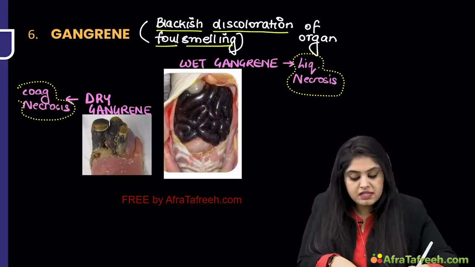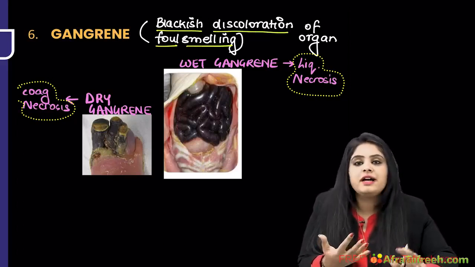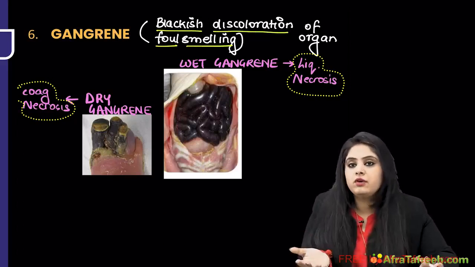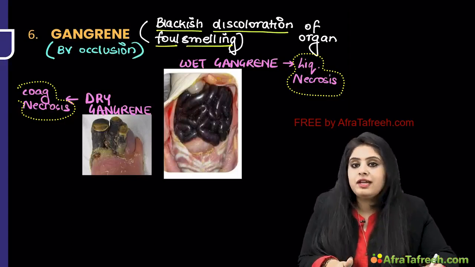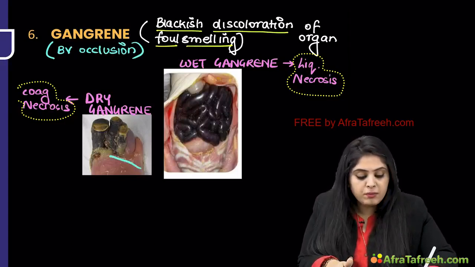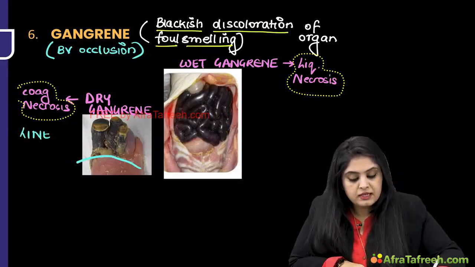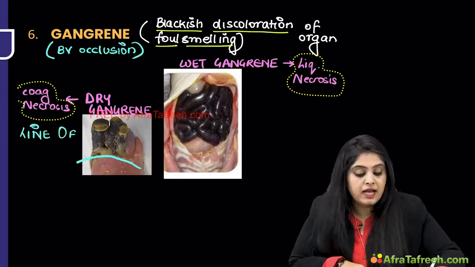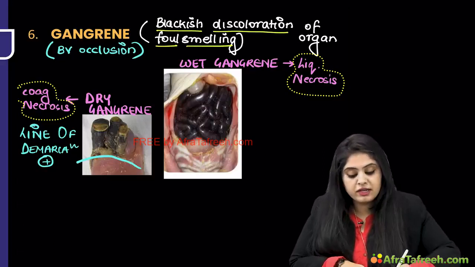Now, there's another thing. Please remember, if I look at dry gangrene, which has happened in the foot, why is it dry? See, why is gangrene happening? Whether it is dry or wet, there is definitely a blood vessel occlusion or a blood vessel problem that has happened, right? So, if I see dry gangrene, I do see a proper line between the gangrene and the normal. So, I can say in dry gangrene, there is a line of demarcation present. Whereas look at wet gangrene.